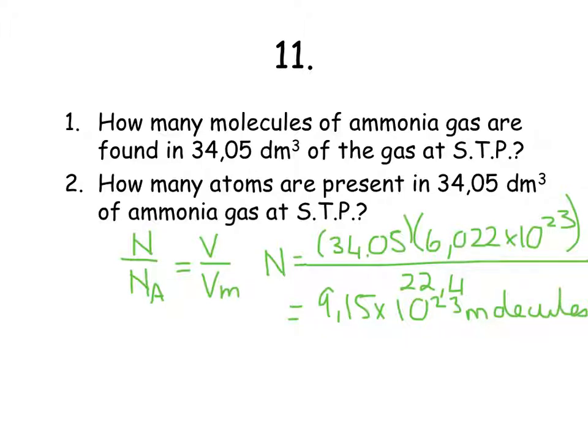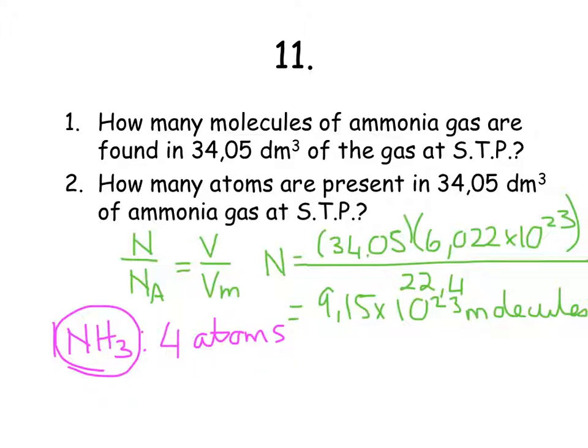Now my number of molecules, when I have to relate that to a number of atoms, all I do is write ammonia is NH3. For every one ammonia, how many atoms are inside that one ammonia molecule? So that's a unit, one ammonia molecule. There is 1 nitrogen and 3 hydrogens, which means that there are 4 atoms. But I don't have one molecule of ammonia. I have 9,15 times 10 to the 23 molecules.